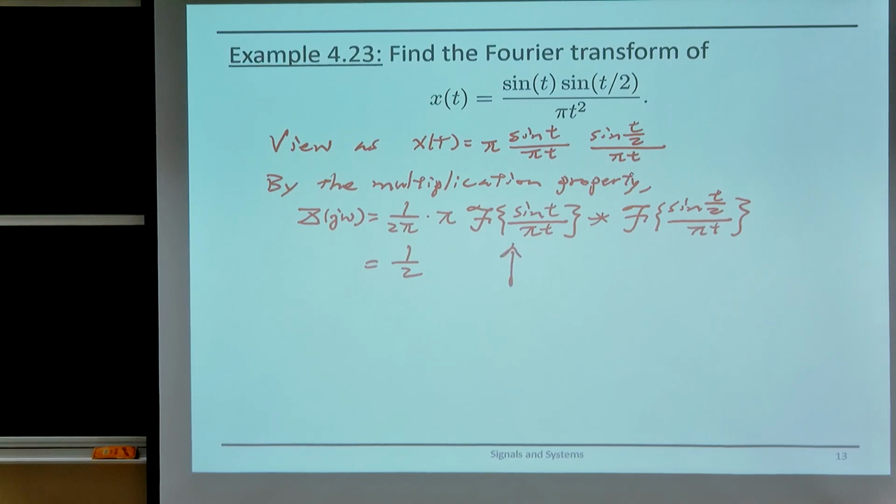The Fourier transform of the first signal is just a square from -1 to 1. And the Fourier transform of the second one is just a square from -1/2 to 1/2.